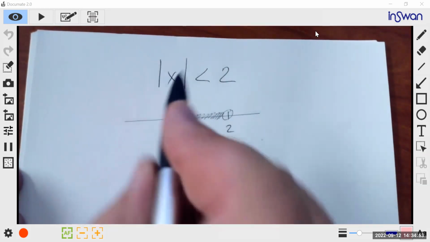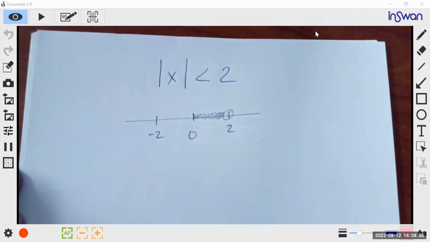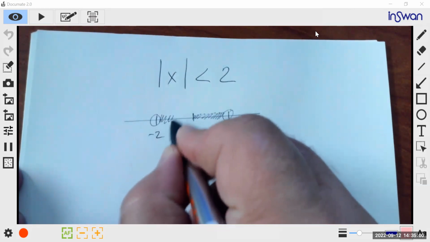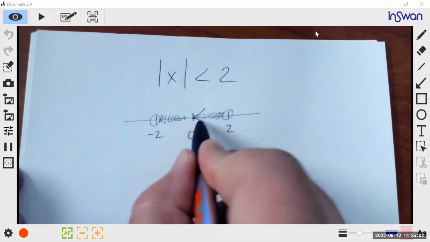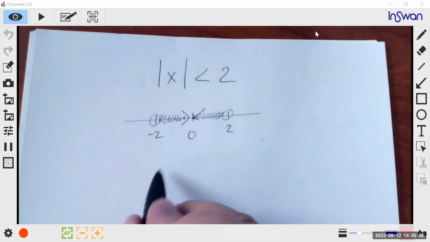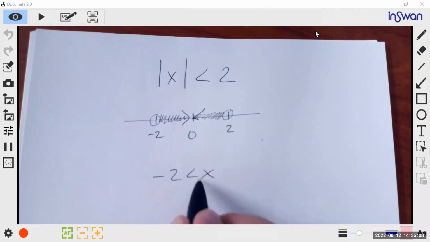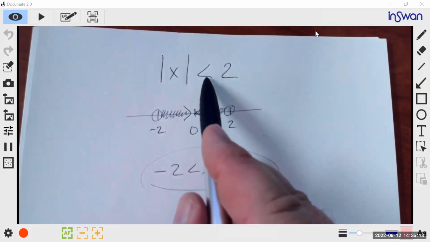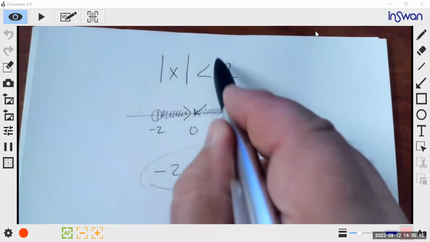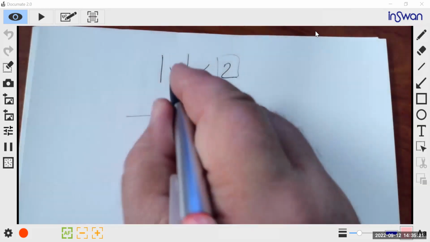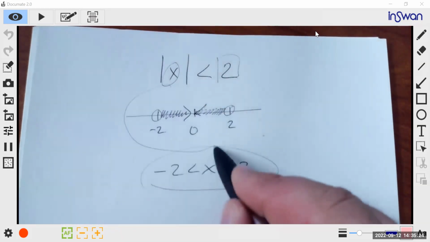But it's absolute value. What about the negative 2? Since this one's going to 0, this side has to go to 0. So when I drop the absolute value for a less than symbol, wherever the answer is goes on both sides of whatever's inside the absolute value. That's all there is to it.